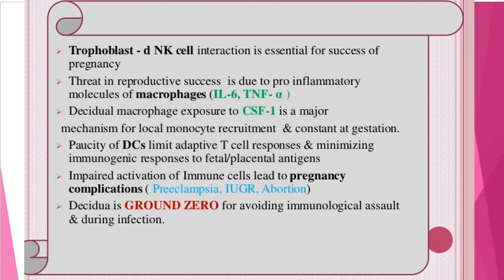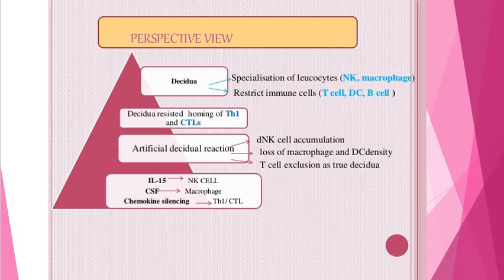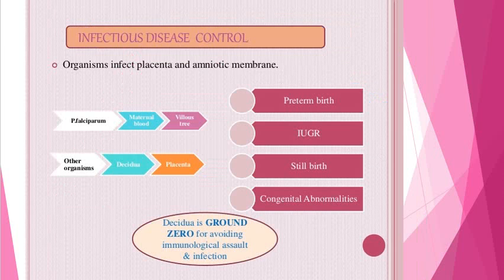Paucity of dendritic cells limits adaptive T cell responses and minimizes immunogenic responses to fetal placental antigens. Impaired activation of immune cells leads to pregnancy complications like preeclampsia, IUGR and abortion. The decidua should be considered as ground zero for avoiding immunological assault and during infection. So this we can skip.